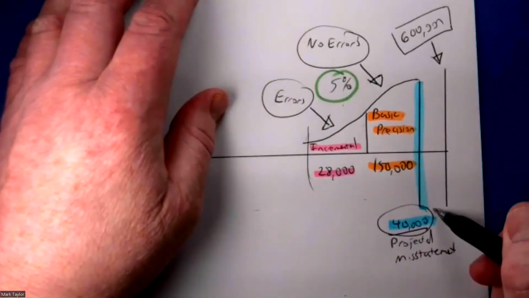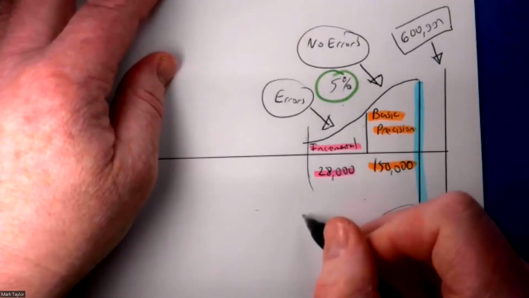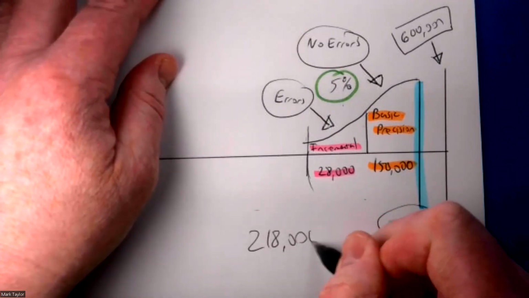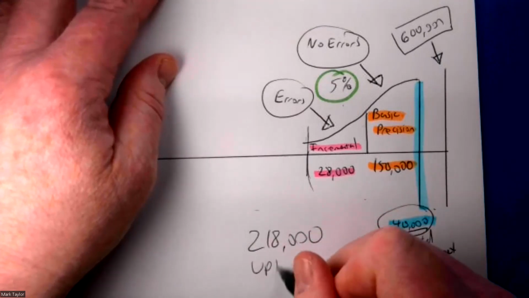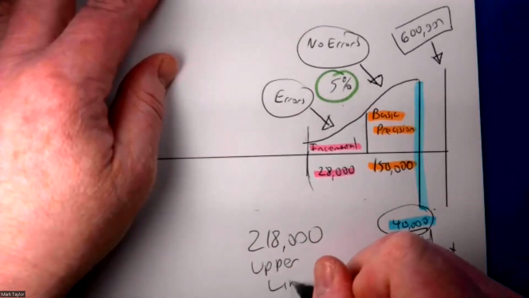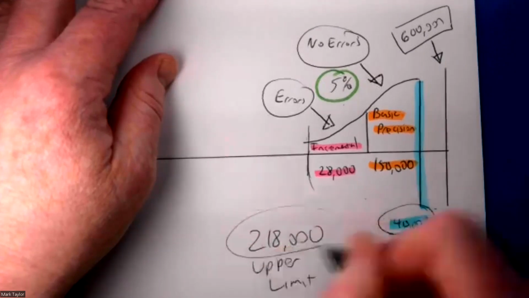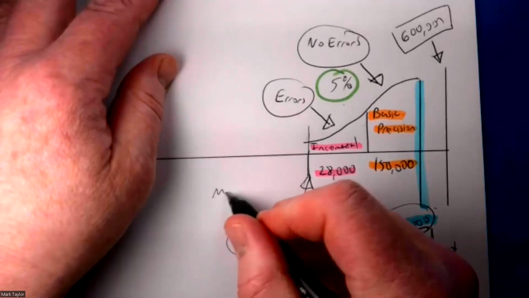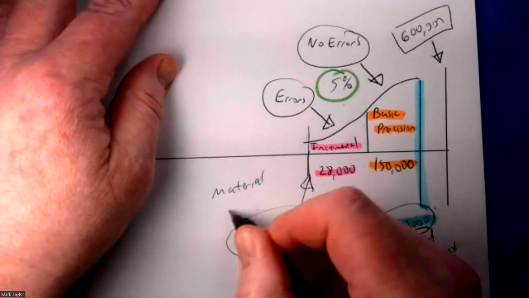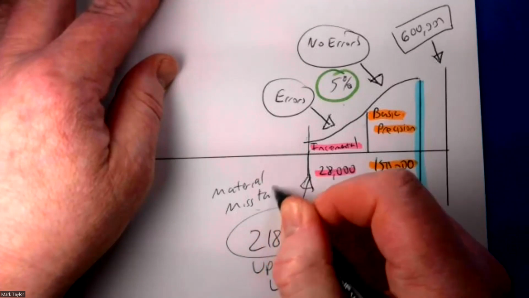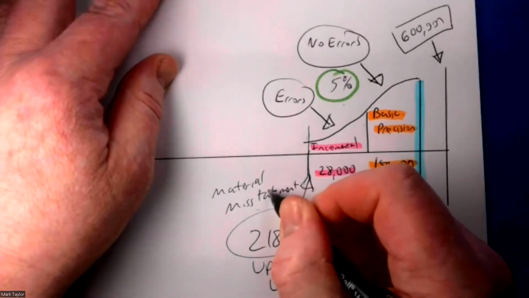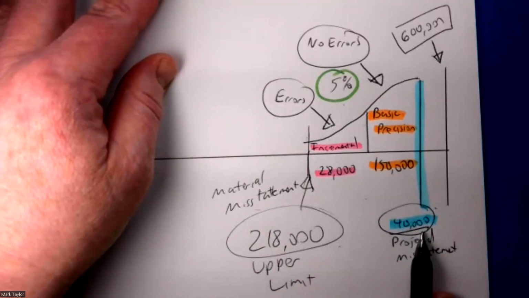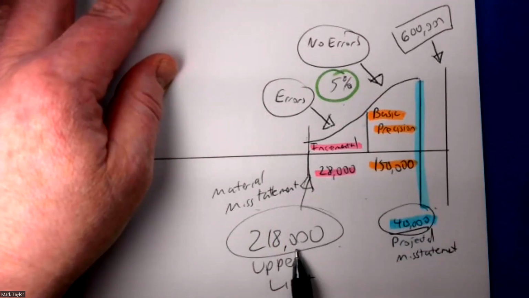This is our best estimate of what it's off by, but it could be off by as much as 218,000. This is the upper limit. And this is what we'd use to see if there is a material misstatement. All right. We're saying our best estimate is 40,000, but it could be off by as much as 218,000.